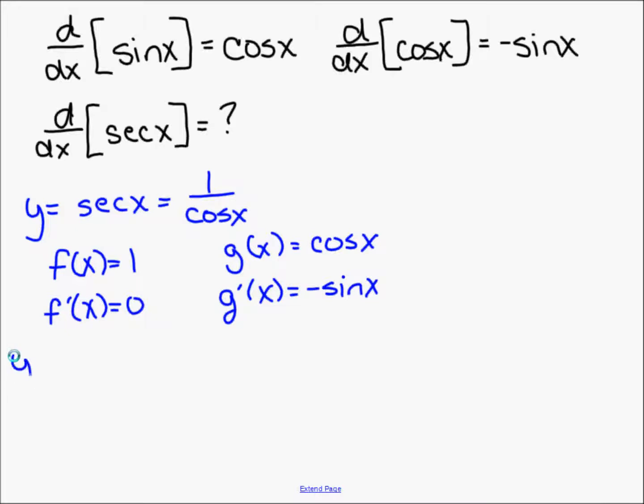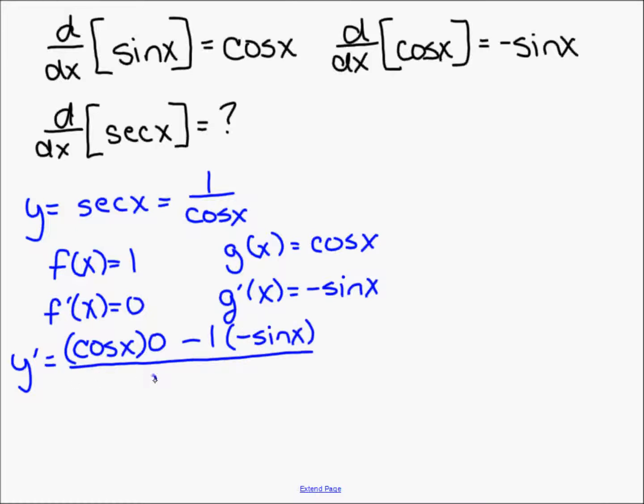So I have y prime equals low d high, so low times the derivative of the high, cosine x times 0, minus high d low, 1 times negative sine x, over low squared, cosine squared x.